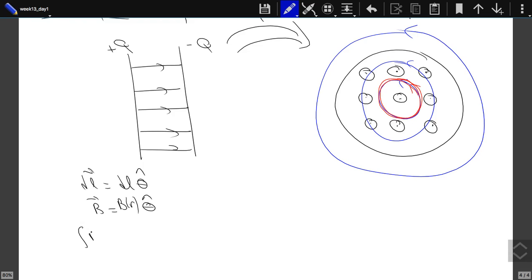Now let's evaluate B dot dl. Well, this will be just B and dl if you take their scalar product. It is just B(r) times dl. B(r) is constant because over my loop, r is constant, so I can take it out. What remains is just 2 pi r.